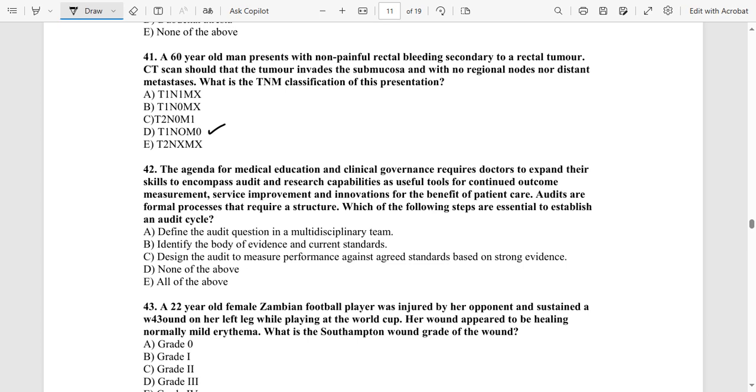They're asking about the steps essential to establish an audit cycle. So, in establishing an audit cycle, you can define the audit question. What are audits really about? Anyone who can define for us, even from the English perspective, audit.